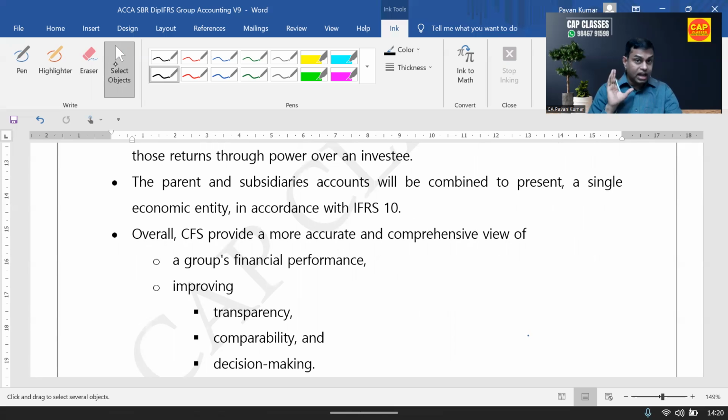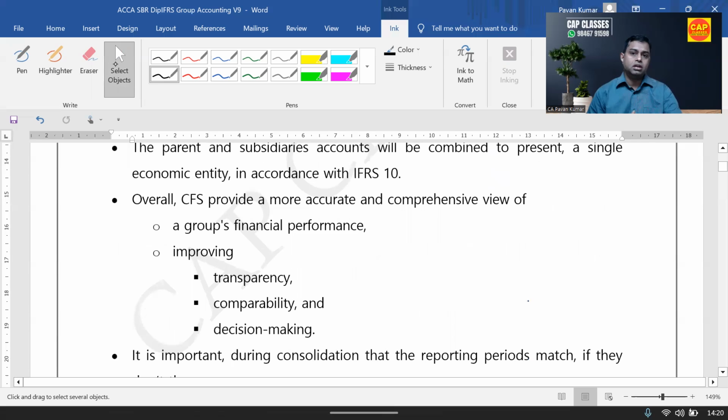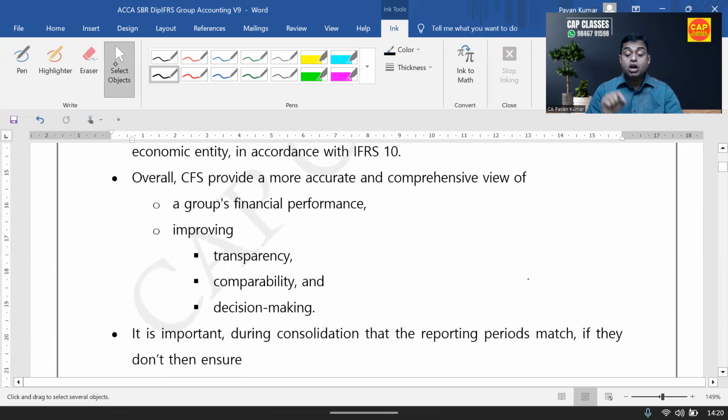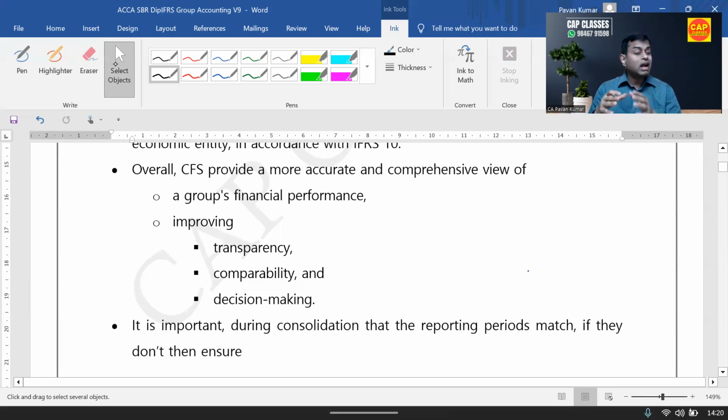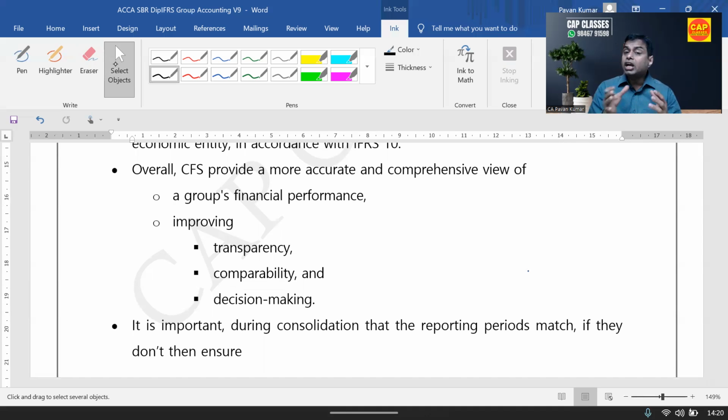Now you might ask, okay, I have prepared consolidated financial statements. What advantage does it give to me? Why are consolidated financial statements required? That is given in the next bullet point. Overall, consolidated financial statements provide a more accurate, comprehensive view of a group's financial performance.